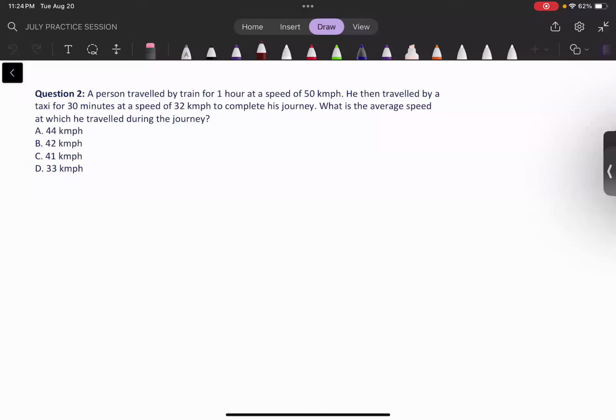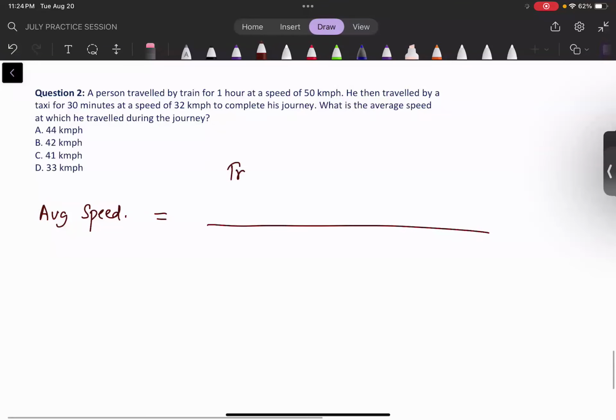How come 41? Okay, see please. Average speed is total distance divided by total time. One part is traveled by train, one part is traveled by taxi. Now, for the train, they have not given distance, but they have given speed and time. And my dear, distance equals speed into time. So how much is the speed of the train? 50. How much time? 1 hour. So how much distance? Speed into time, 50 kilometers.